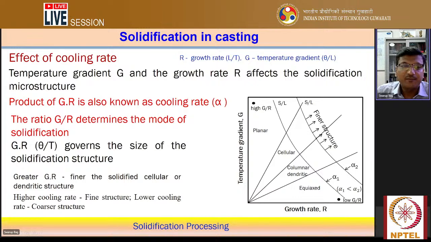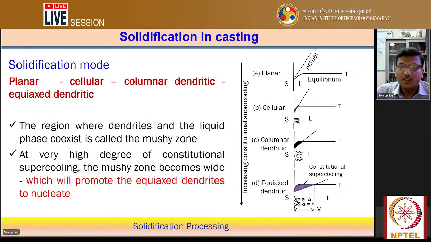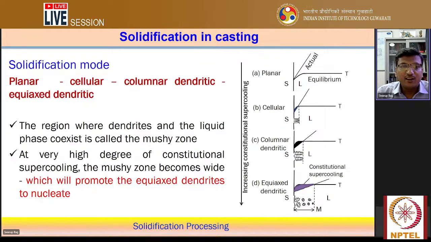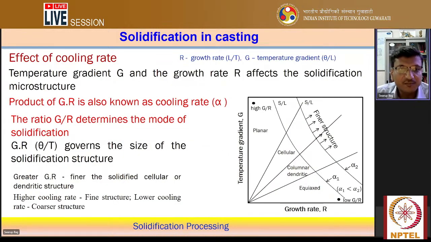So the ratio G by R determines the mode of solidification. In the previous slide we discussed G by R, which decides whether the mode is planar, cellular, columnar dendritic, or equiaxed dendritic. But G into R decides the cooling rate, and G into R governs the size of the solidification structure.